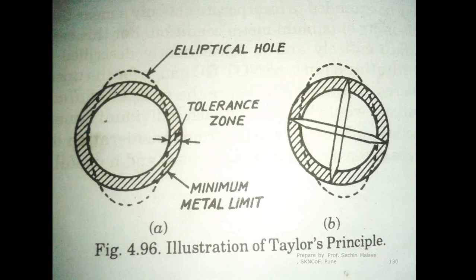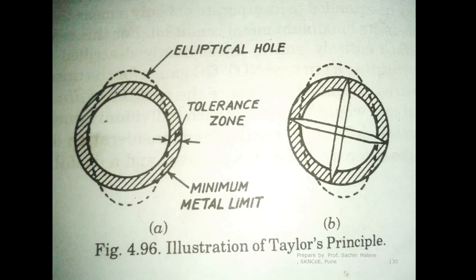Actually speaking, if you check this hole by the gauges, it should be rejected, because we want a perfectly circular hole, and this hole which is actually manufactured is not circular, it is an elliptical hole. Now let us see what is happening if Taylor's principle is not followed.